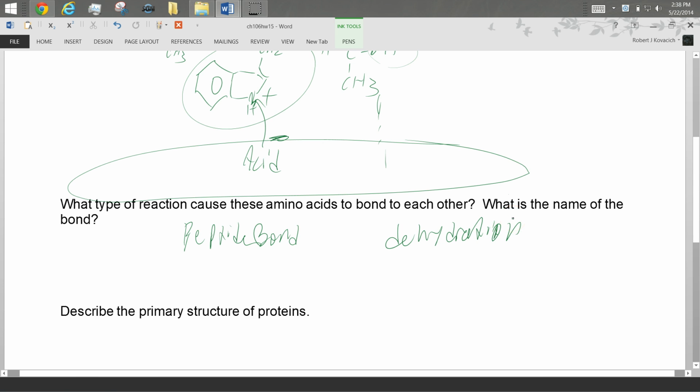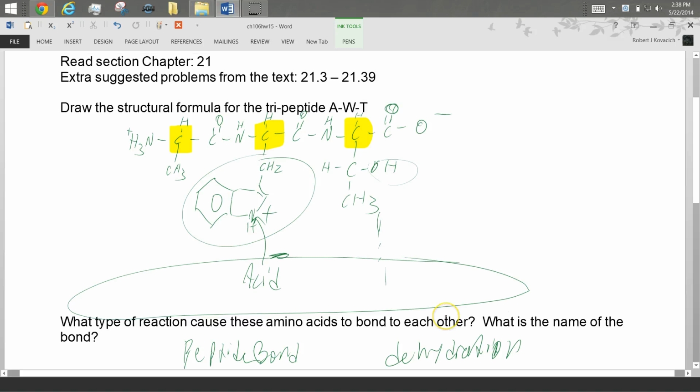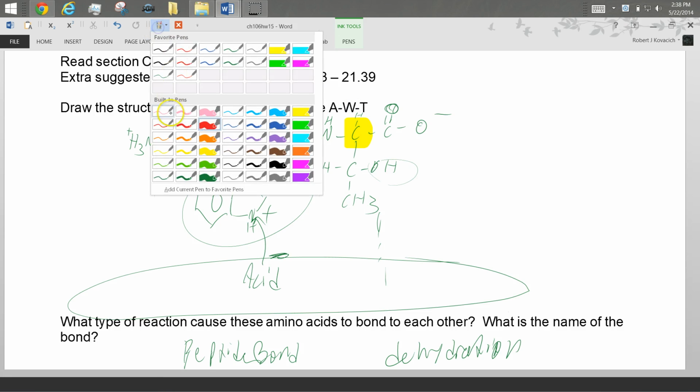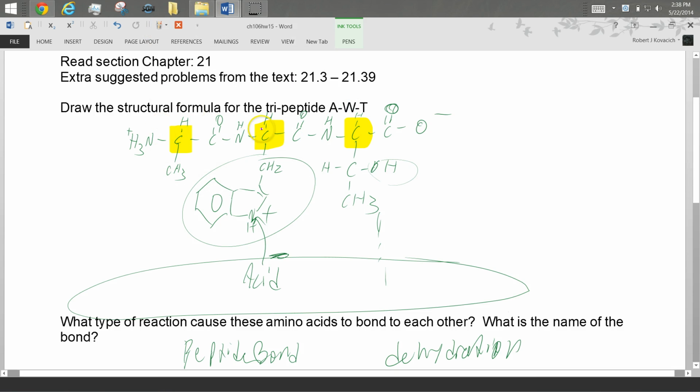And so what we're seeing, if we scroll back up to this, is what is missing. What's missing right here? There's an OH group that should be there, and also on the nitrogen, what should be there? Another H. So the water molecule left because an H left the amino side and an OH left the carboxylic acid side.